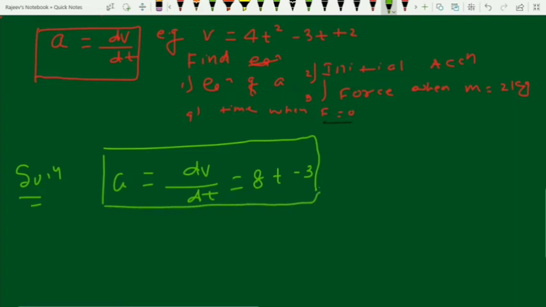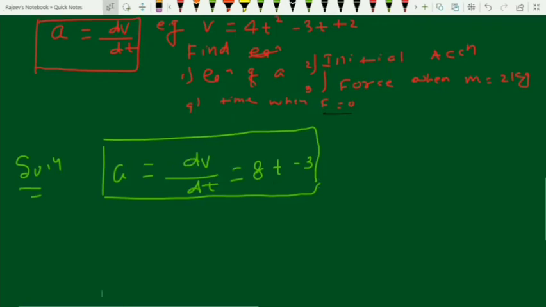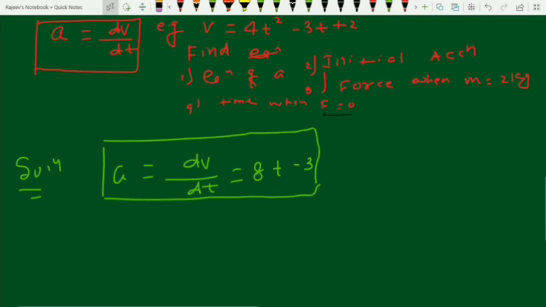Now second part is what? Its initial acceleration. Initial acceleration a naught means time should be 0. If you put the time 0, see 8 into 0 minus 3, it means minus 3 meter per second square.